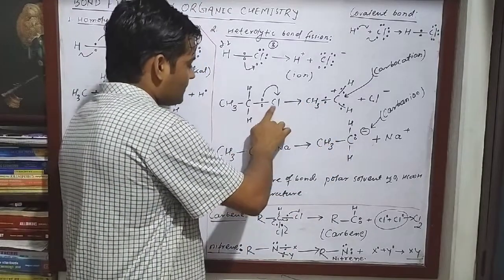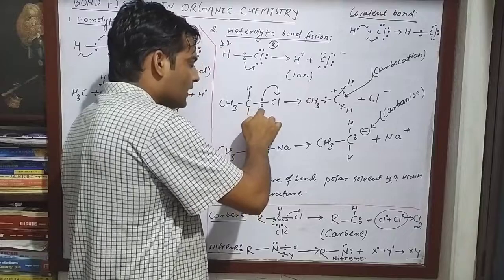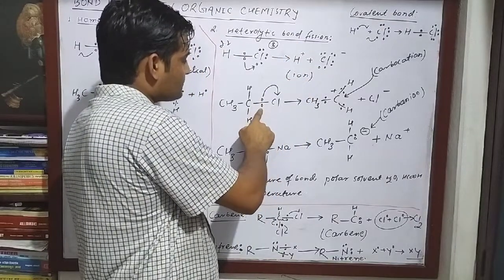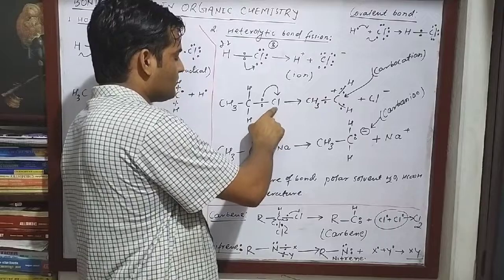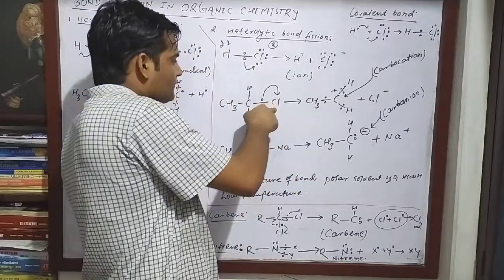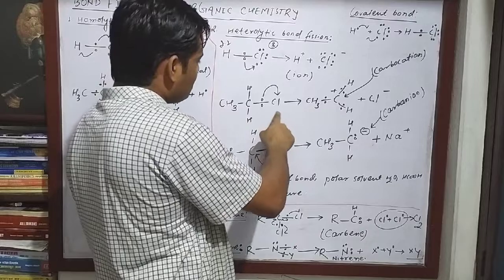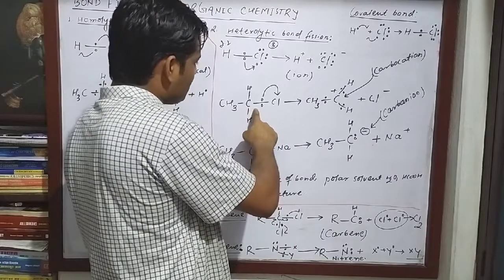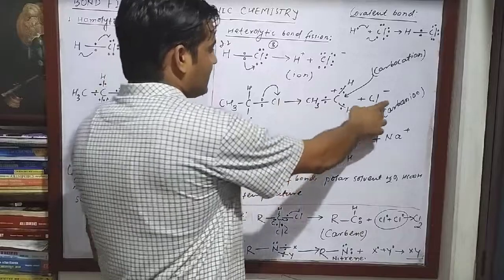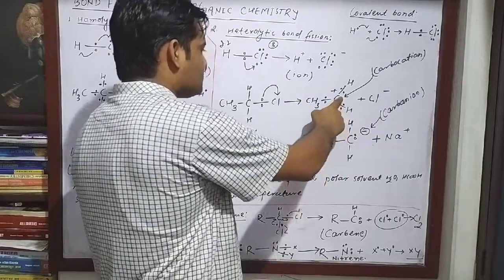When we take a carbon-chlorine bond, and if we carry out heterolytic bond fission, this shared pair of electrons shifts towards chlorine, because chlorine has a high electronegativity value. Chlorine has electronegativity 3, carbon 2.5, and the shared pair of electrons shifts towards chlorine, and chlorine gains a negative charge, carbon gains a positive charge.